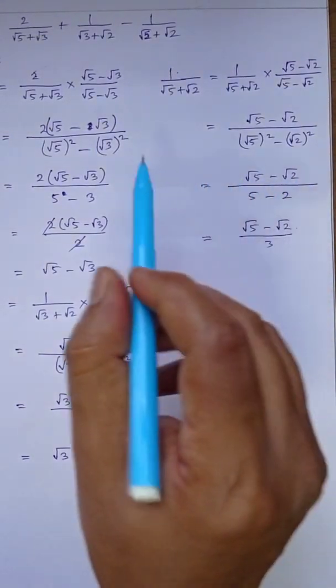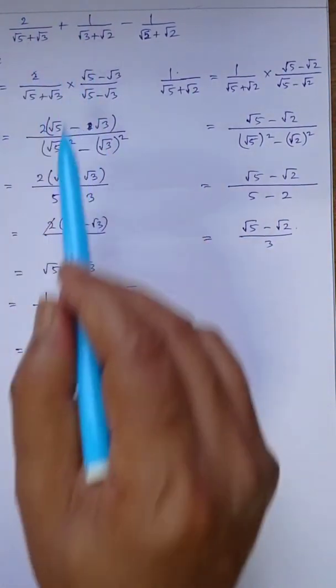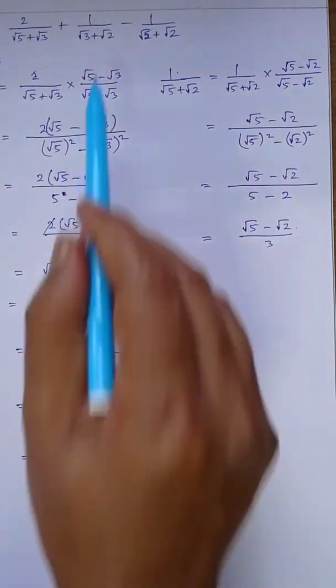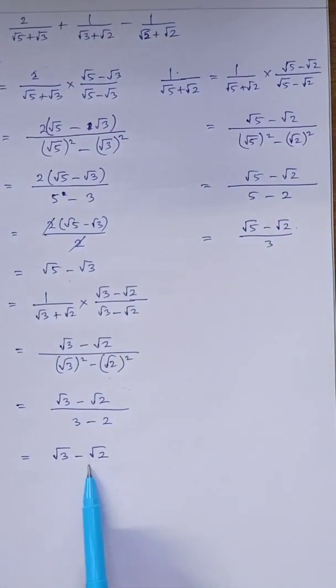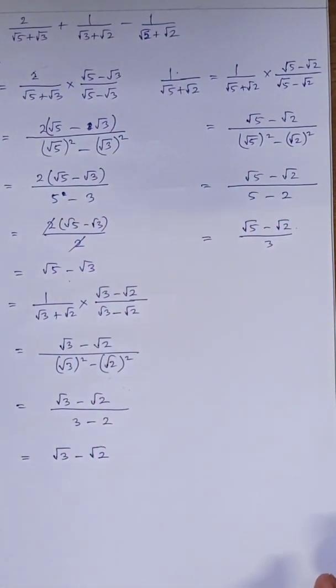So the first one, we got this. For the second one we got this. For the third one we got this. Now what we'll do is we will just copy the complete question, put the values of each in the question, and then we will find the answer.